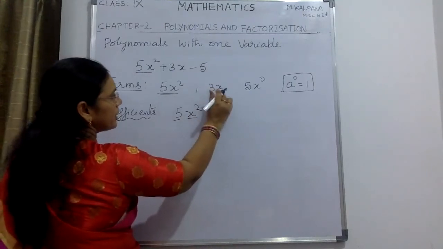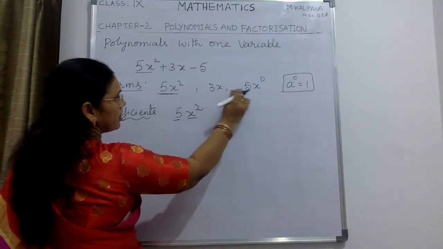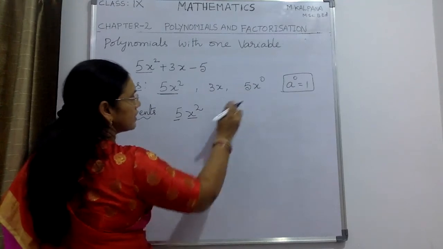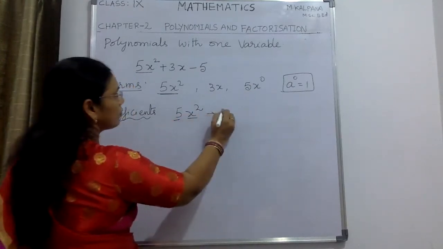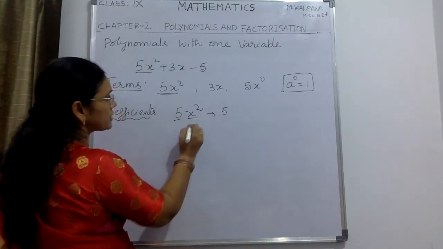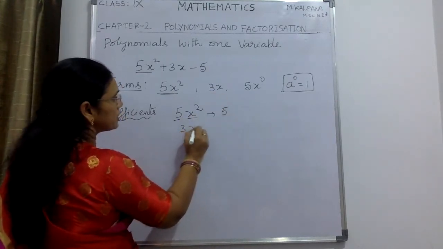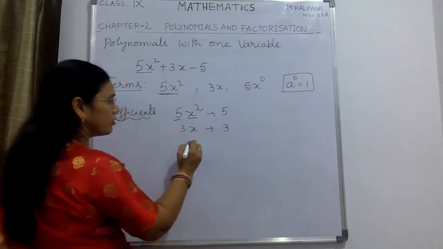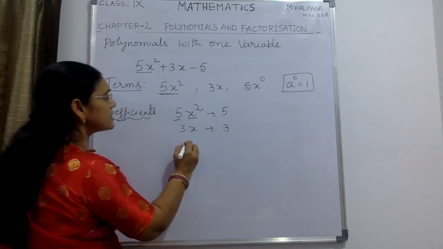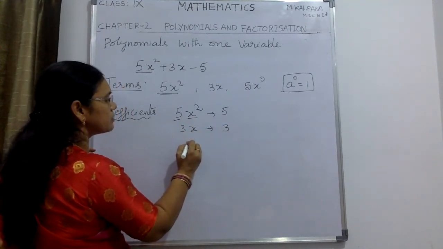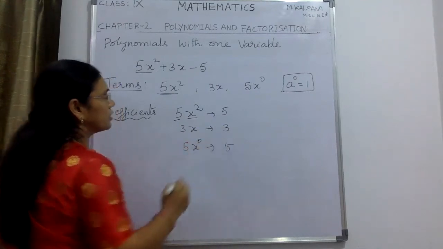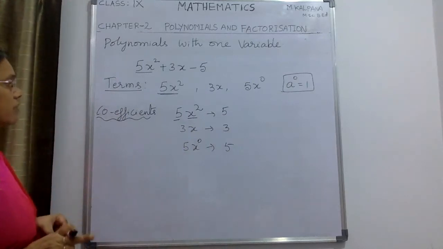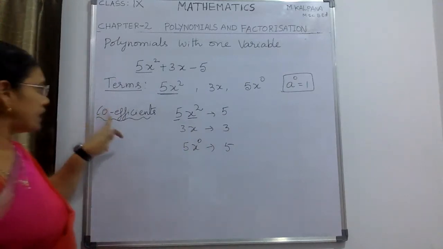Here 3 is a constant, x is a variable. Here 5 is a constant, x is a variable. So here the coefficient of x square is 5. The coefficient of x is 3. The coefficient of x power 0 is 5. See? In this way, we can write the coefficients.